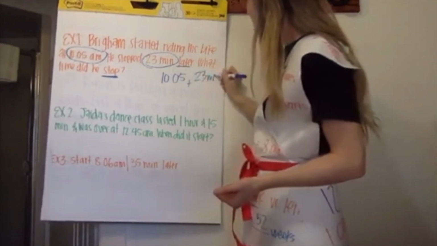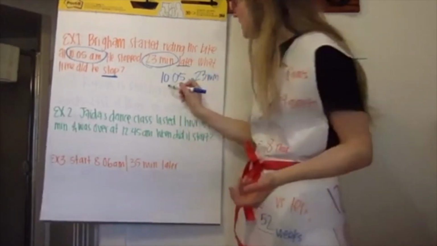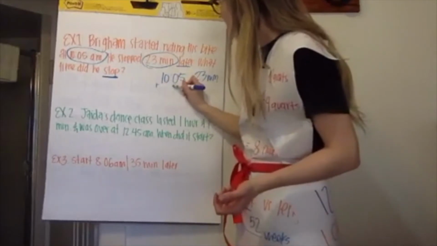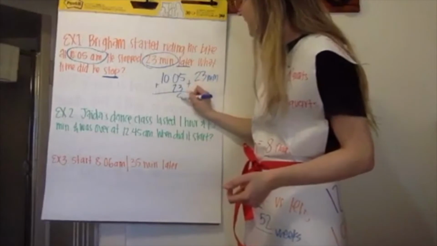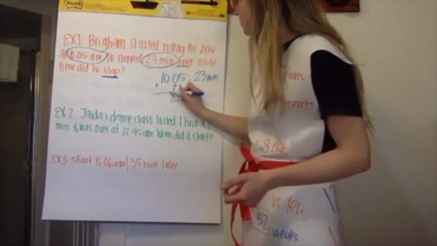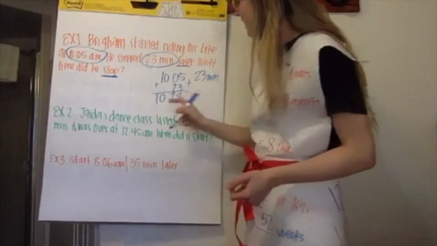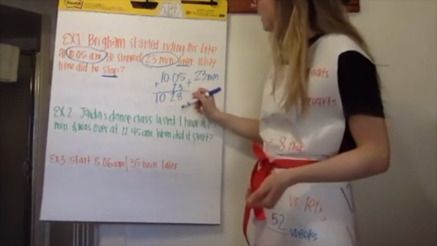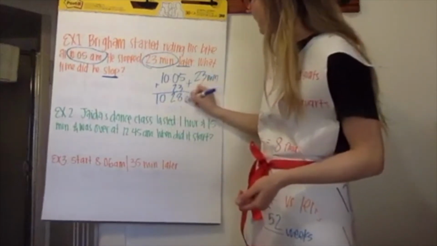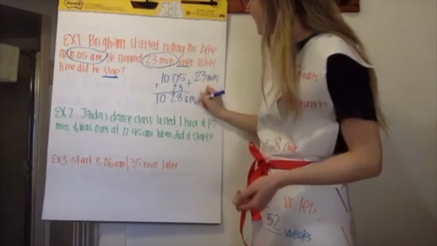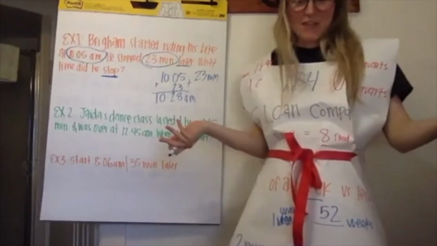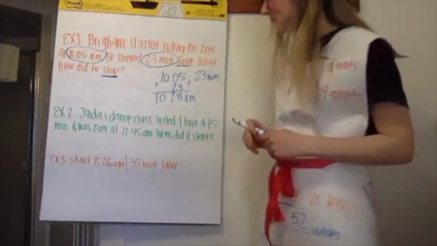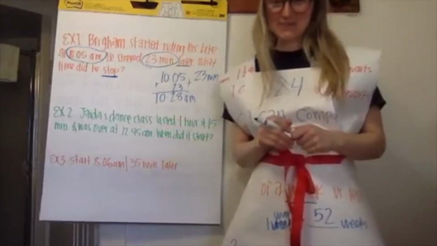So let's add 10:05 plus 23 minutes. 5 plus 3 is 8. 0 plus 2 is 2. We bring down our 10. So Brigham must have stopped riding his bike at 10:28 a.m. We just added 23 minutes to our time. That one was simple.